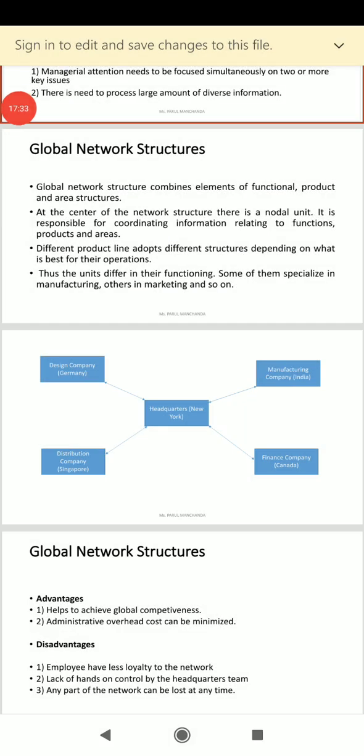Now, discussing the global network structure, to define it in a very formal language, I just want to quote certain lines and then I'll gradually explain it in layman's language to you.